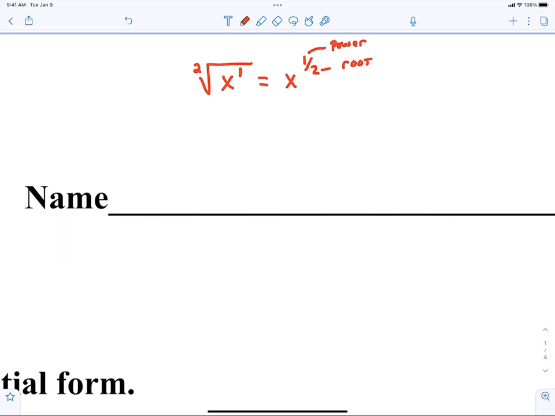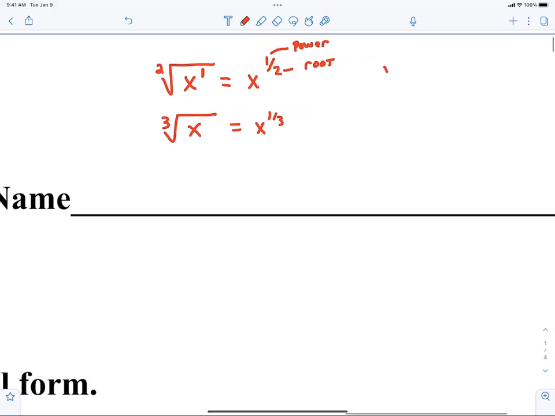So if I said the cube root of x, that is the same as what? X to the 1/3 power. If I said the 4th root of x, x to the 1/4. Everybody understands. It's just x to the 1/4.